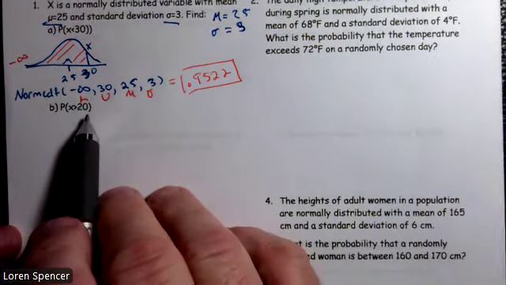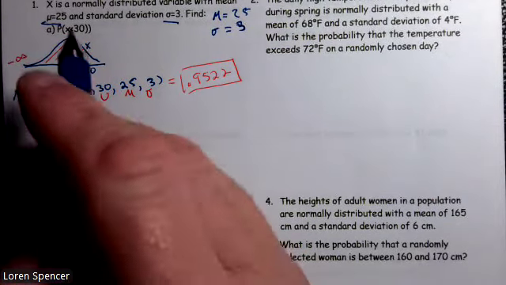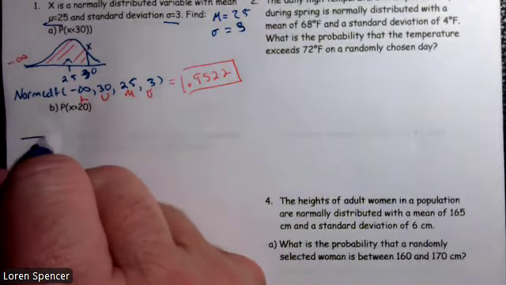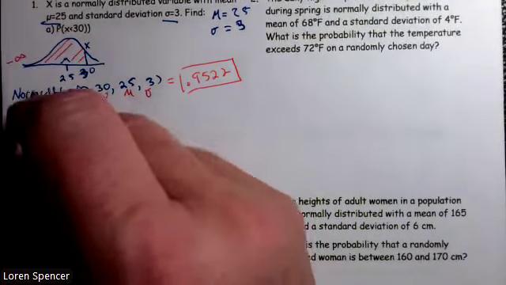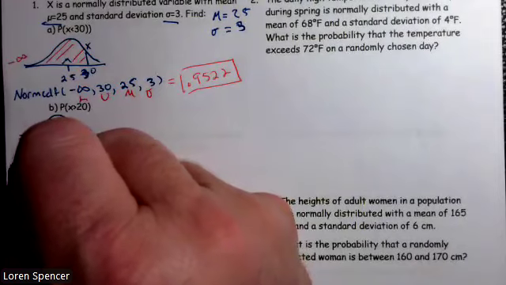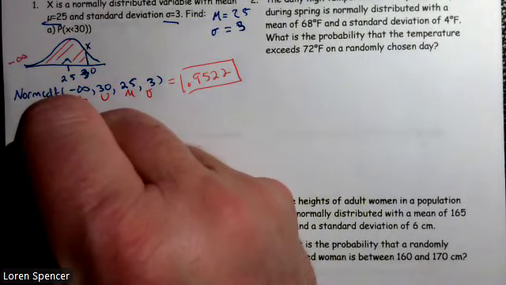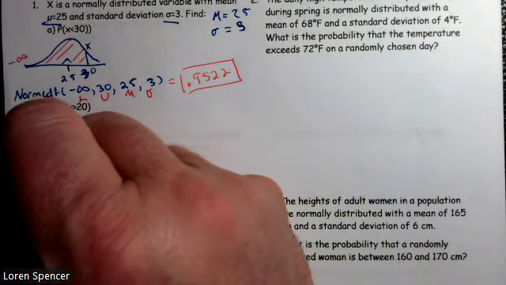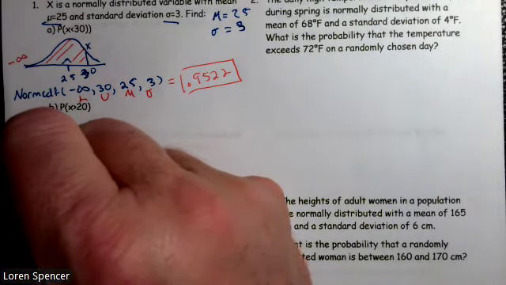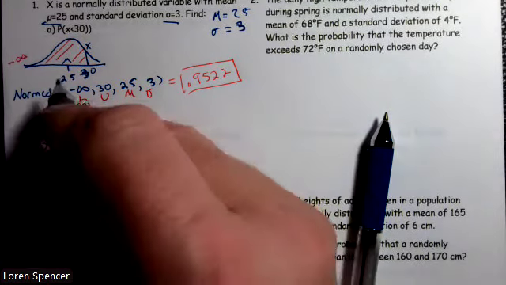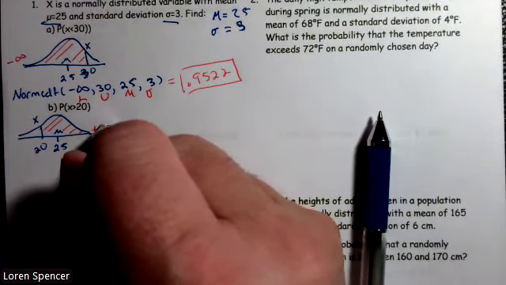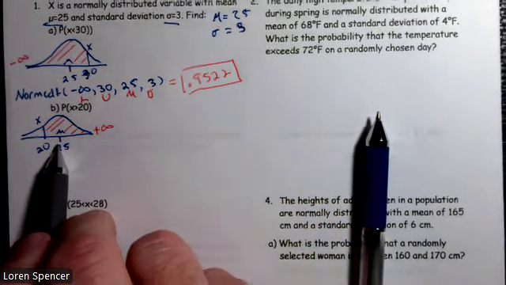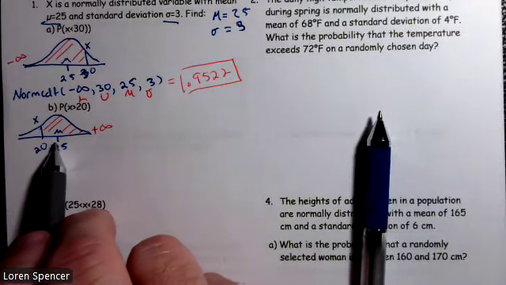The next one, we want the probability that X is greater than 20. So our mean is at 25, and we have an X here at 20, and they said greater than, so we're shading up, and don't forget, we're shading up to positive infinity, and 25 is the halfway mark, or 50%.